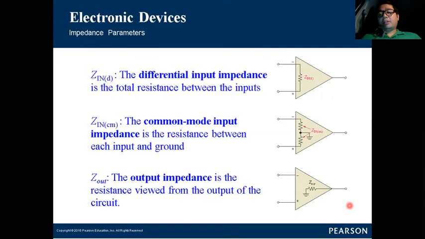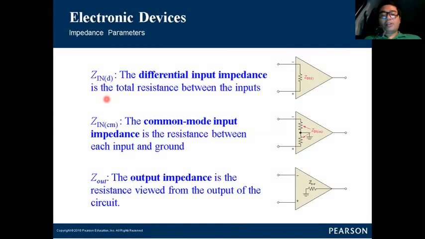So magkakaroon at magkakaroon pa rin tayo ng voltage divider. Kung meron tayong output dito, output voltage, mahati ito sa pagitan ng Z out at ng ating load. Alright? That is why it's very important for our Z out to be very small para majority of your signal will go to the load. So those are the three impedance parameters ng ating operational amplifiers.